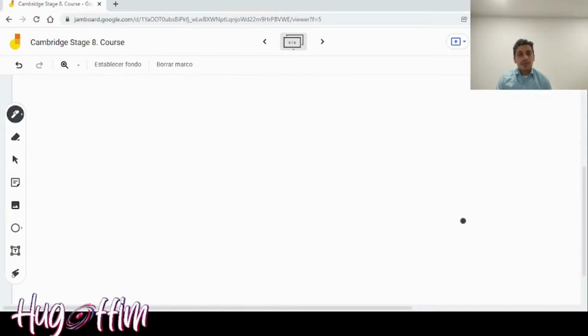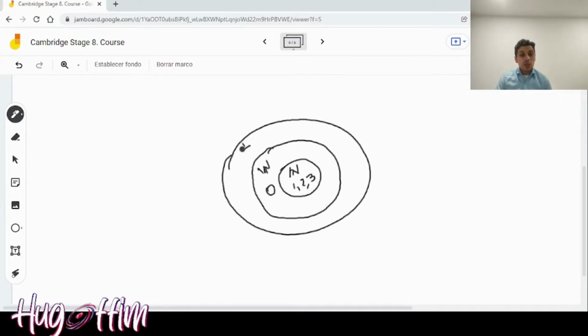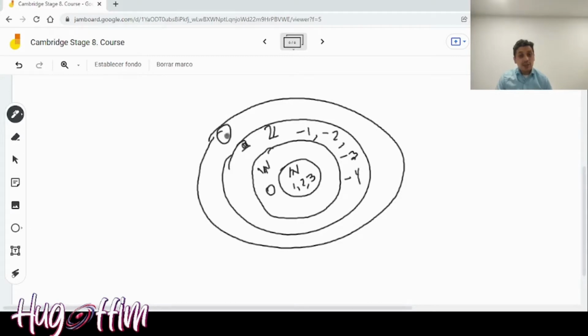So the real number system is divided into the natural numbers, the numbers we can count; the whole numbers, that include the natural numbers and the zero; the integers, that include the natural numbers and the negatives, or their opposites; the set of the rational numbers, that includes all these sets plus any number that can be expressed as a ratio; and finally the irrational numbers, those numbers that we cannot write as a ratio.